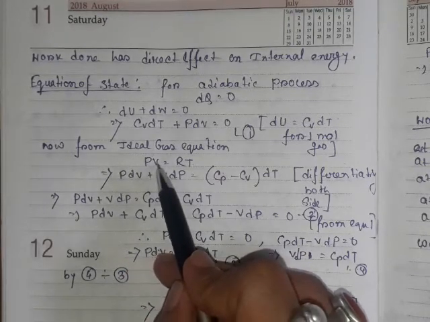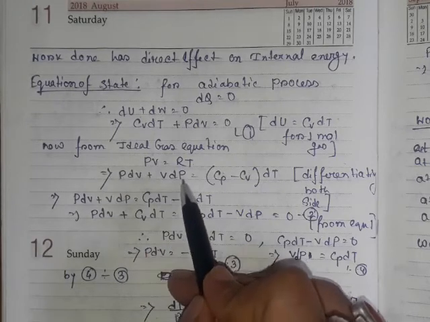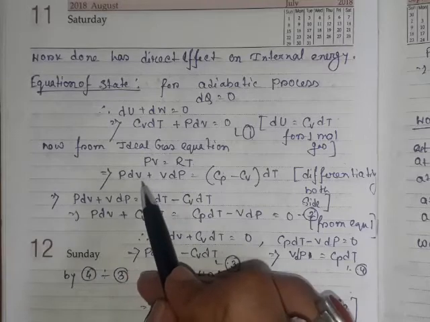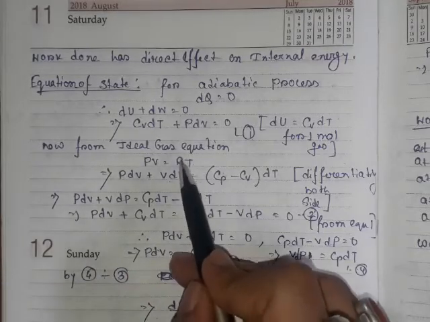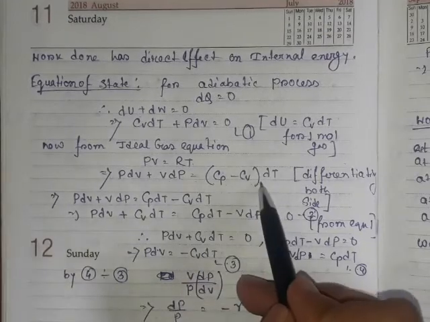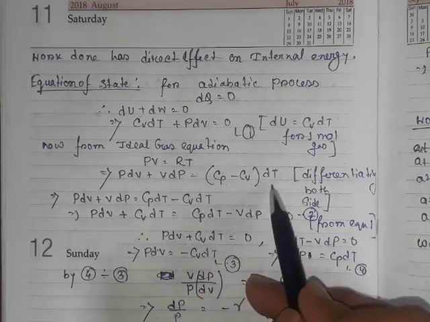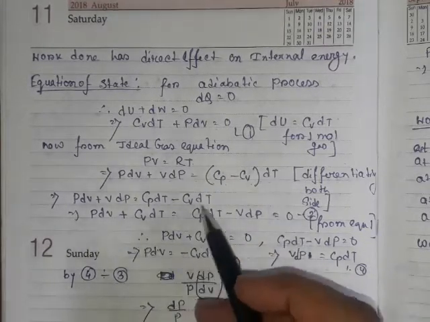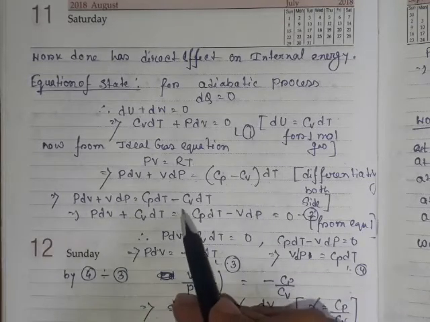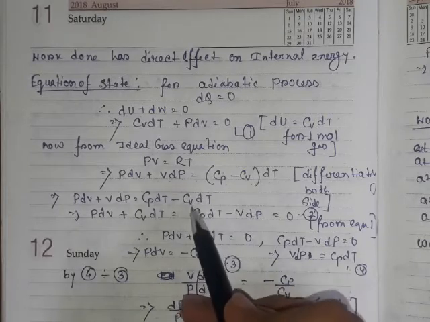Next, take V constant and differentiate, you will get VdP. So as a whole, differentiating PV will give you PdV plus VdP equals R dT, where R is CP minus CV, as already derived, and differentiating T will give dT. Now just rearrange this term: PdV plus VdP equals CP dT minus CV dT.